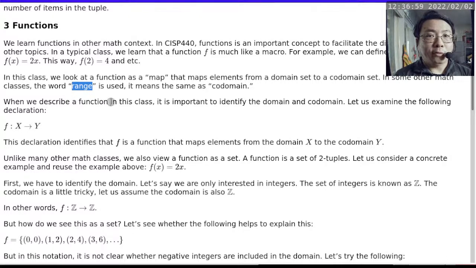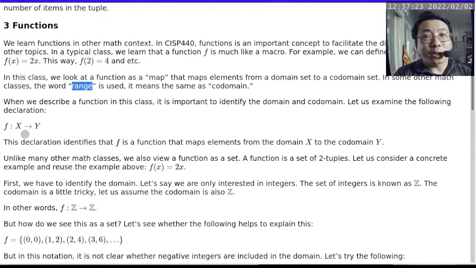When we describe a function in this class, it is important to identify the domain and the codomain. This is a notation that we'll be using all the way through to the end of this entire semester, so you probably want to get used to it. You probably want to stash this definition somewhere so that you have all the definitions neatly tucked away in one place.